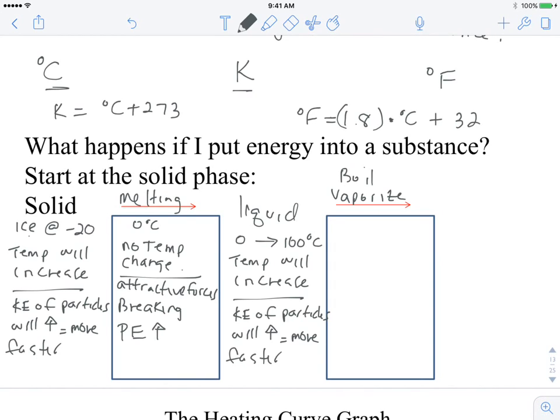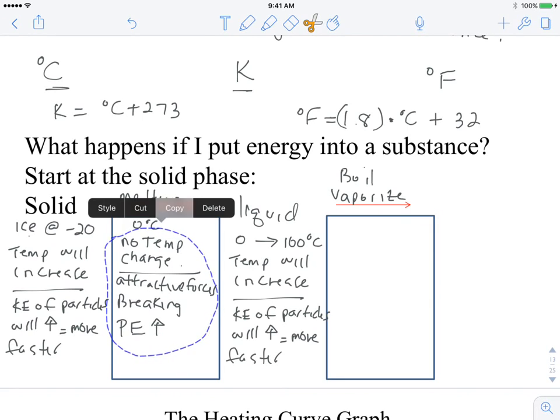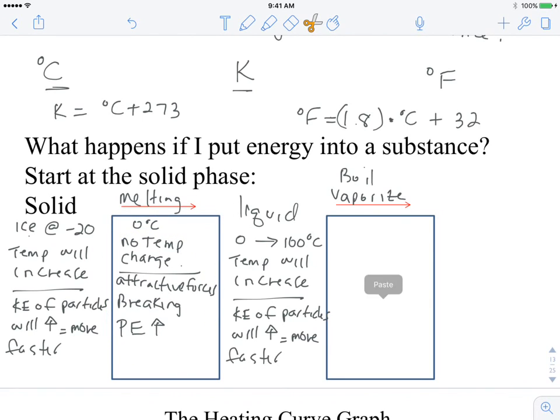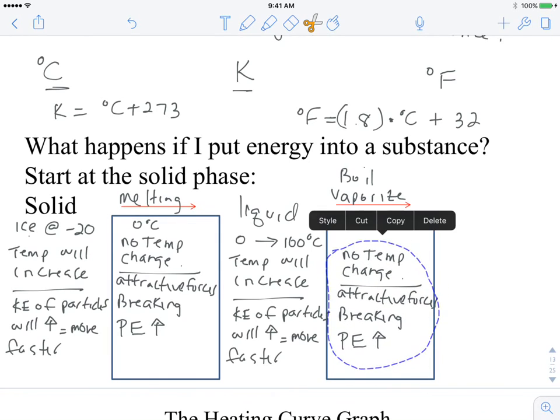And now the same exact thing happened with melting, except now it's vaporizing. So if we go back here, I can just take this part right here, and I can copy it and paste it right over here. There's no temperature change again, because now we're again breaking forces.